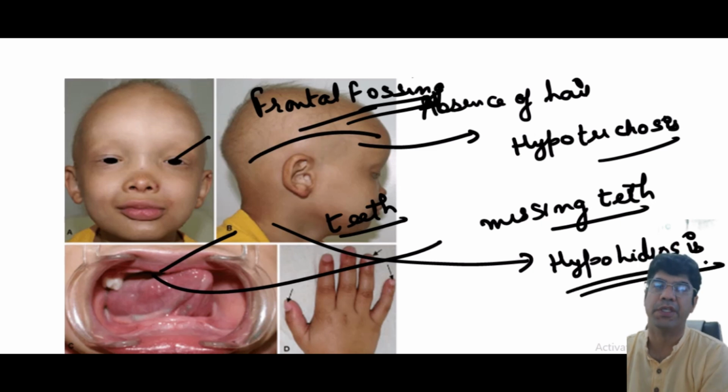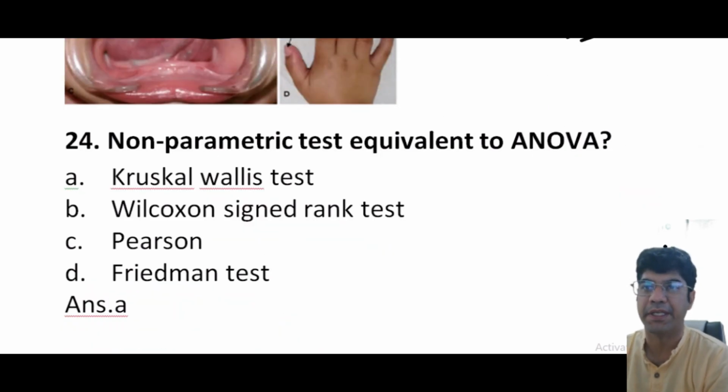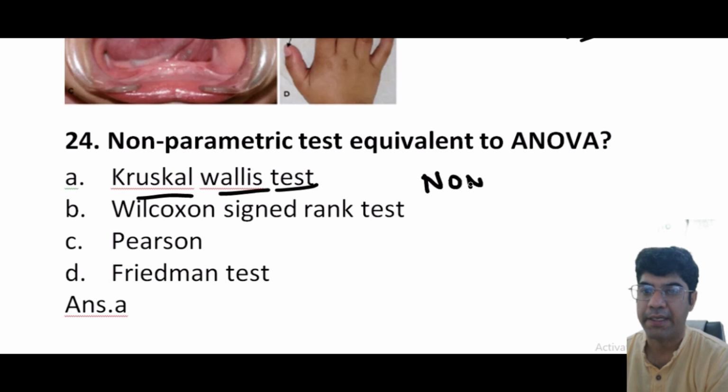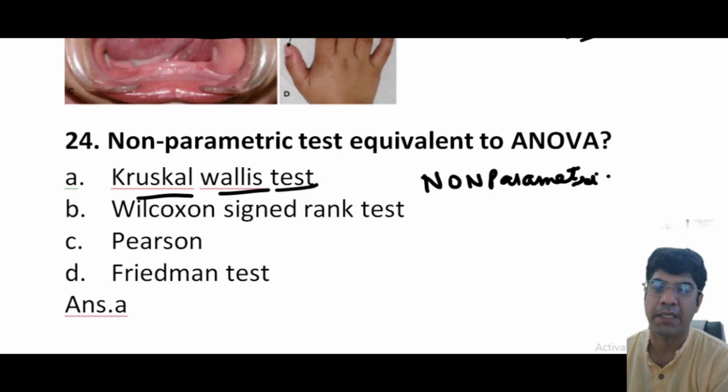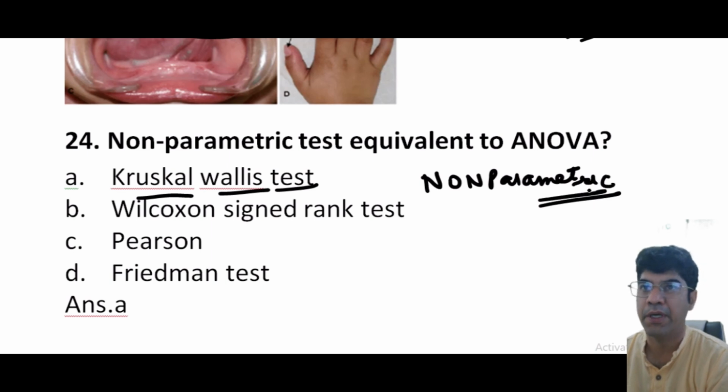Coming to the next question, the non-parametric test that is equivalent to ANOVA is the Kruskal-Wallis test. Remember, it is a non-parametric test equivalent to parametric ANOVA.